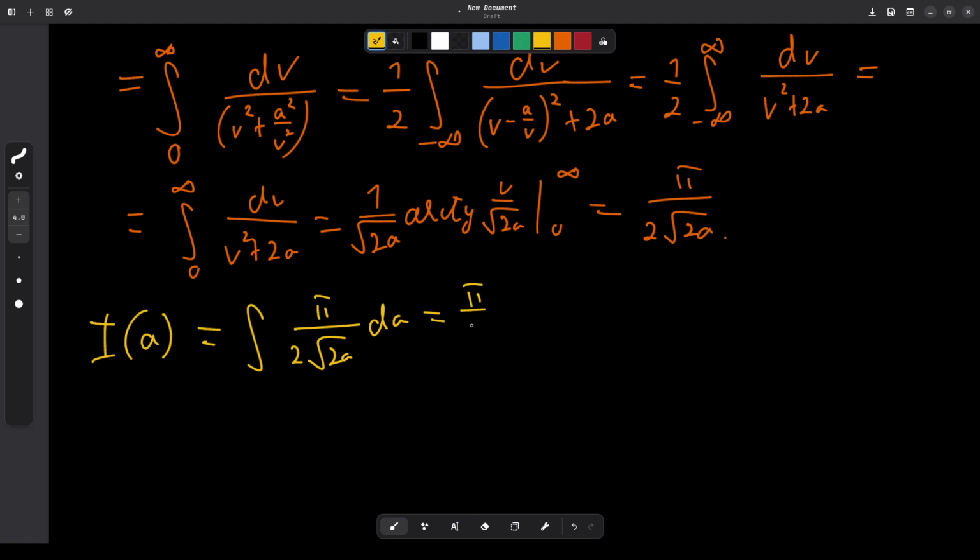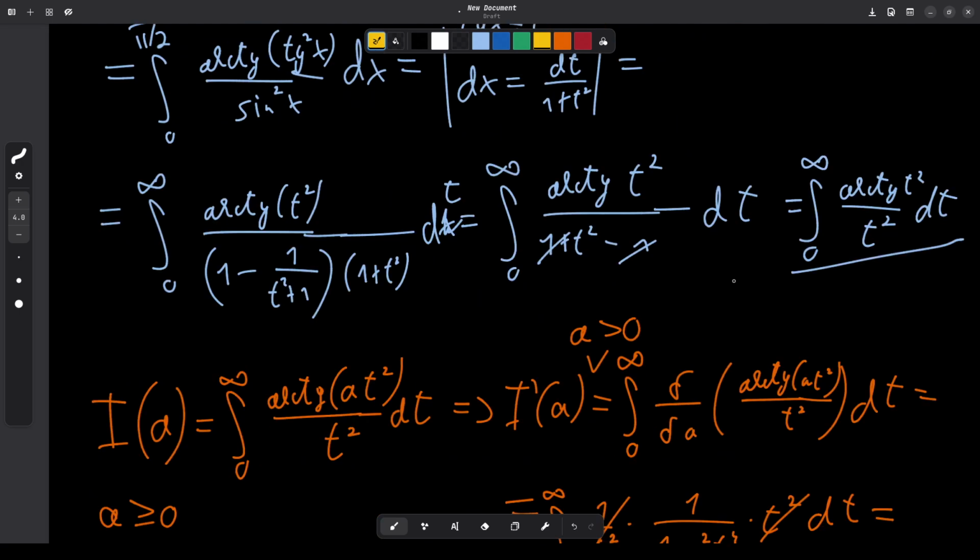I'm going to take pi over square root of 2 outside the integral, so that we're left with dA over 2 square root of a. And that is exactly the derivative of square root of a. So you can simply write this as pi over square root of 2 multiplied by square root of a plus c. What is c equal to?